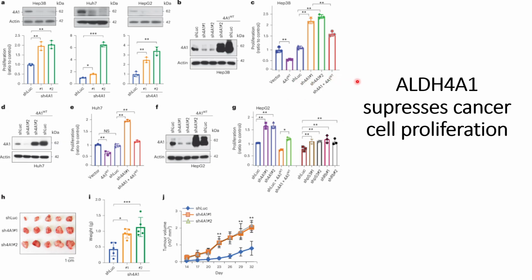So let us now start with the results that lead to the conclusion that ALDH4A1 causes suppression of cancer cell proliferation.